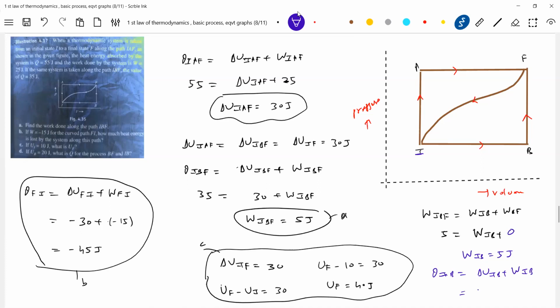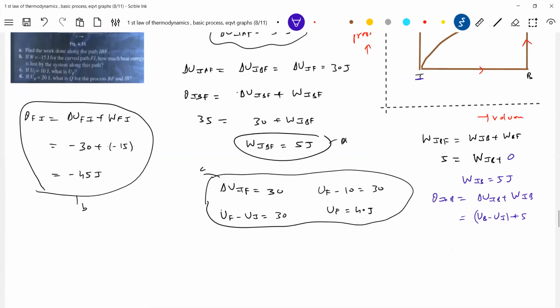It is 10. And U_B is given as 20. So shall we write it? This is U_B minus U_I. So this is Q_IB.